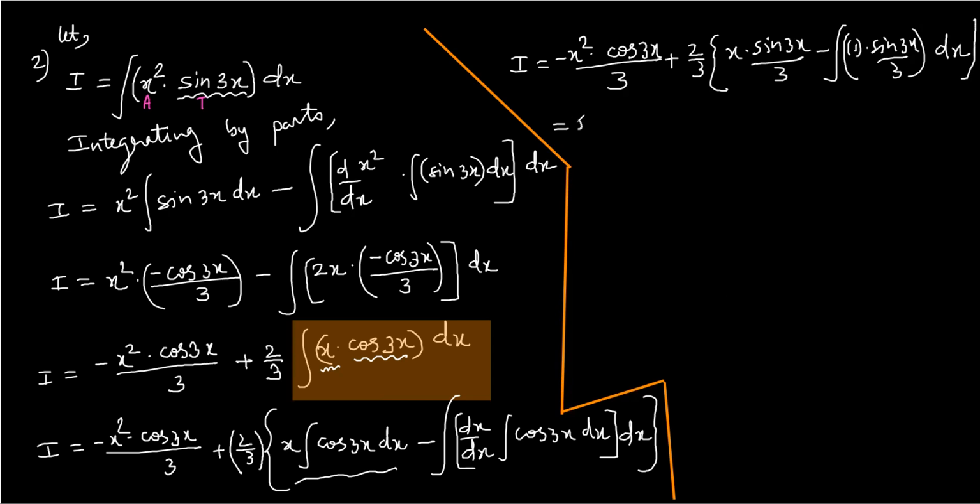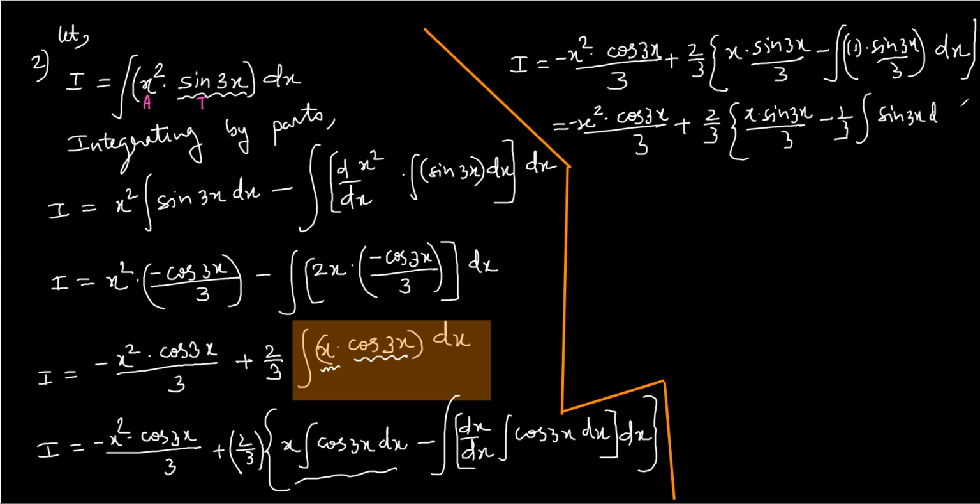So you got negative of x square into cos 3x upon 3 plus 2 upon 3 times x into sine 3x upon 3 minus 1 upon 3 is out, integral sine 3x dx, and the bracket closed.